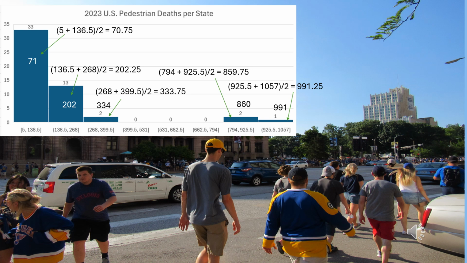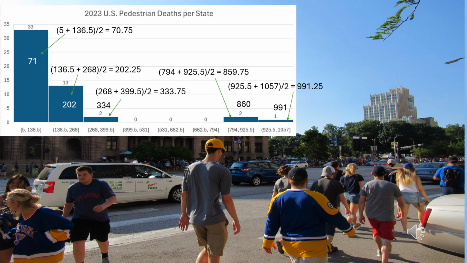And we are going to end up rounding to the nearest whole number. So the middle of the first category is 71. I got that by adding 5 and 136.5 together and dividing by 2. They gave us a middle of 70.75, but let's round up to the nearest number since we're talking about number of deaths.